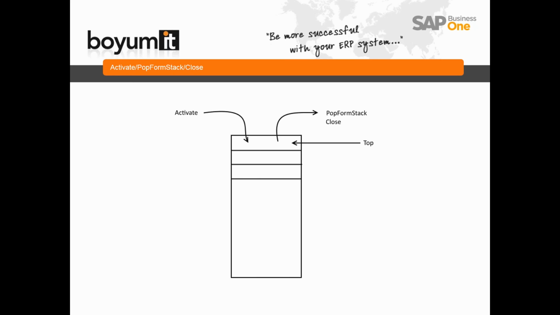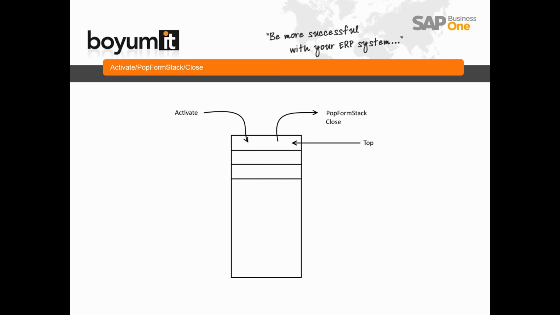When you close a window using the close command, or you use the keyword PopFormStack, then you actually remove the top window of the stack and you tell B1UP, I'm now done working on this window and I want to work on the previous window. In the case with the sales quotation and the business partner, if we close the sales quotation, the business partner would again be the window that we wanted to work on.